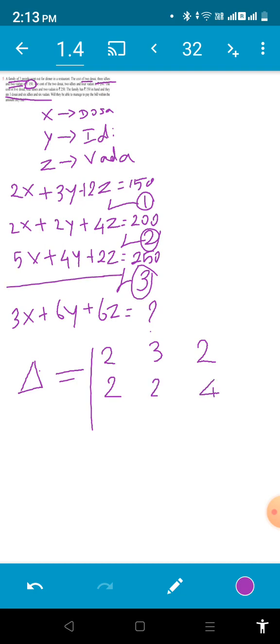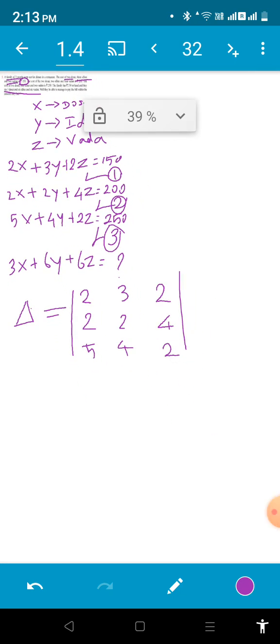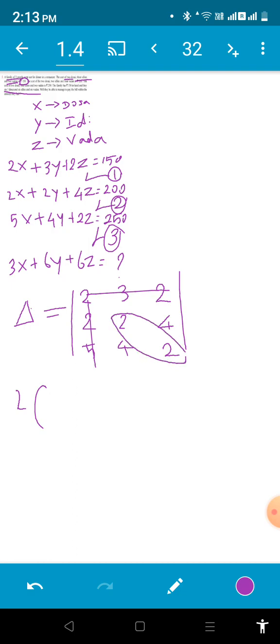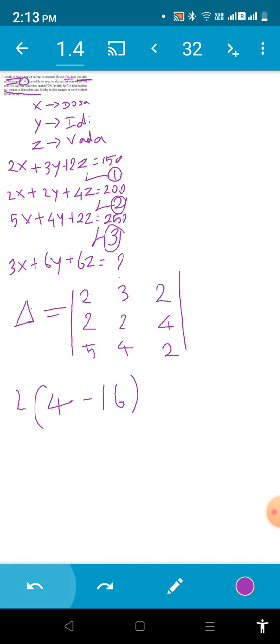From the third equation, 5, 4, 2. So I evaluate the first row first. I take 2 into the corresponding row and column cancelled: 2 into 2 4 minus 16. So I get 2 into 4 minus 16. Then I put a minus sign for this.